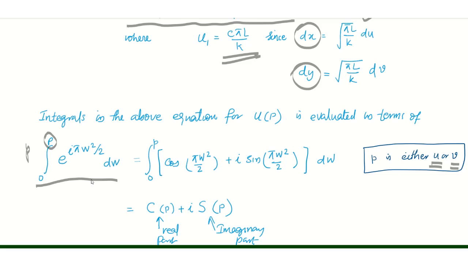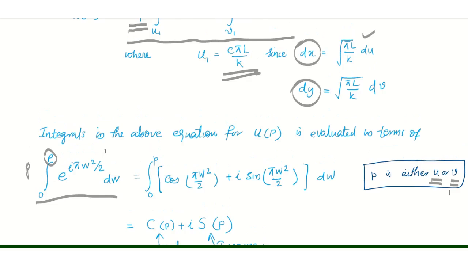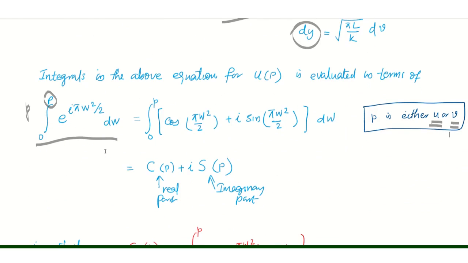Let's say in the horizontal x direction it is u, and in the y direction it is v. There's nothing special about it, it's just a variable, or it is the limit of integration.